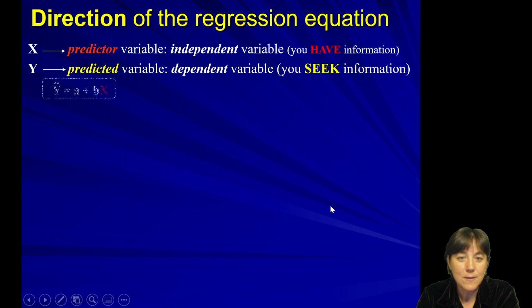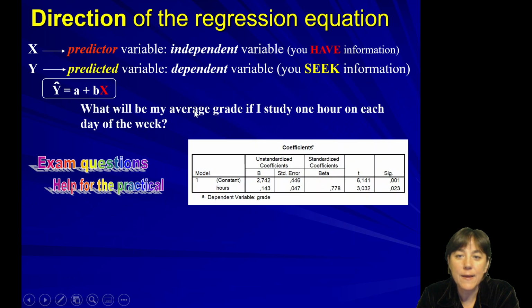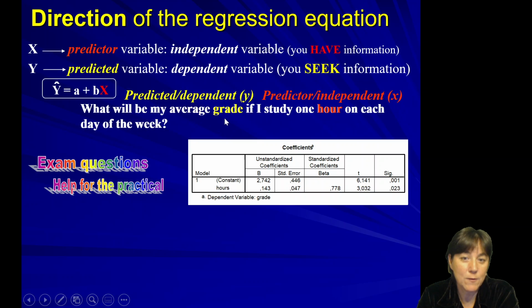Okay, direction, as we said, is a one-way street, okay? What if I study 1 hour on each day of the week? Okay, I study 7 hours. Then what will be my grade? That was our problem for before.